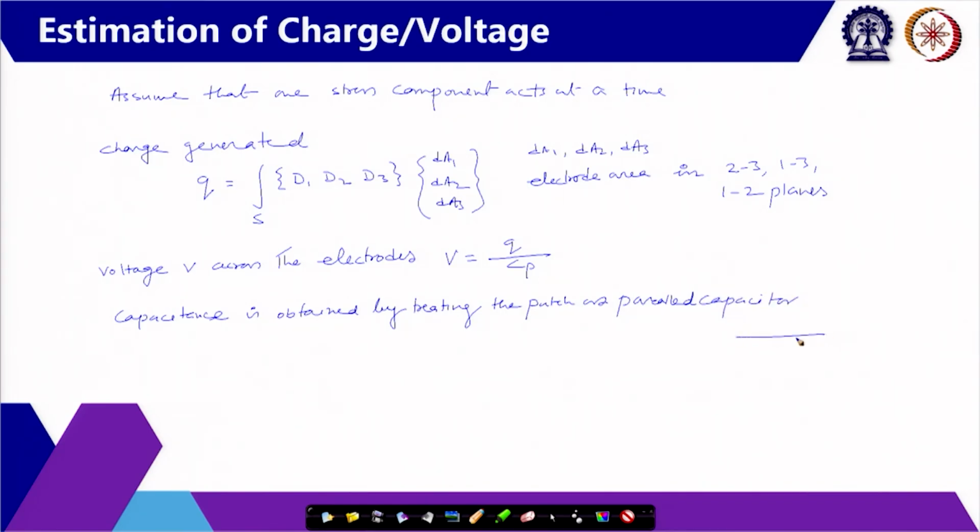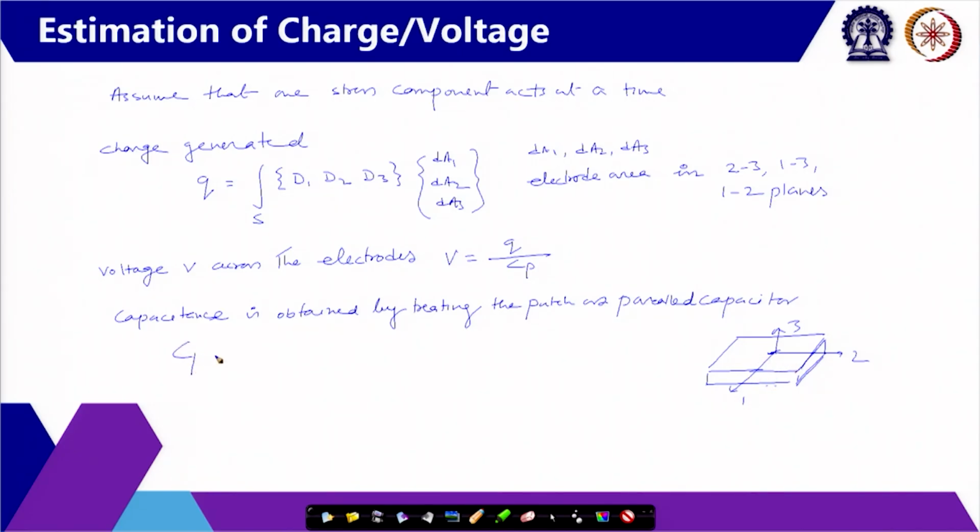If this is our thin piezo sheet, which we also call a piezo patch, and suppose electrodes are deposited at the positive and negative surfaces along direction 3, then we can treat this sheet as a parallel capacitor, and accordingly we can find out the capacitance.